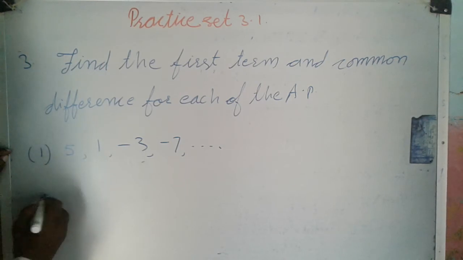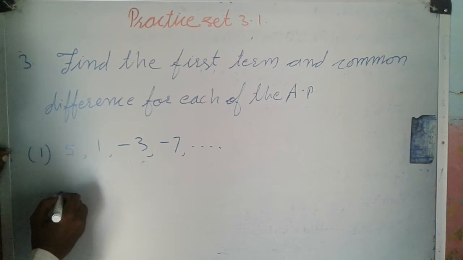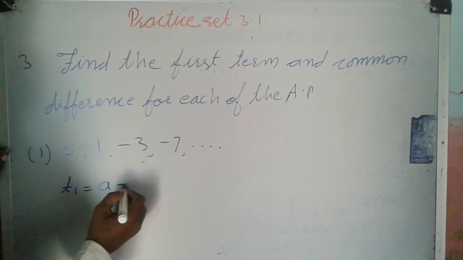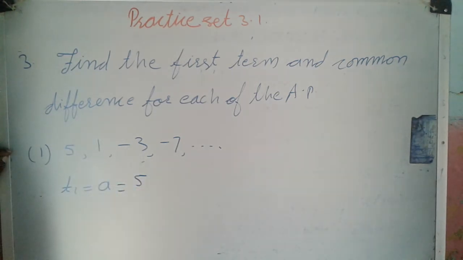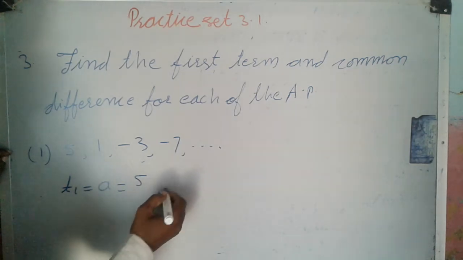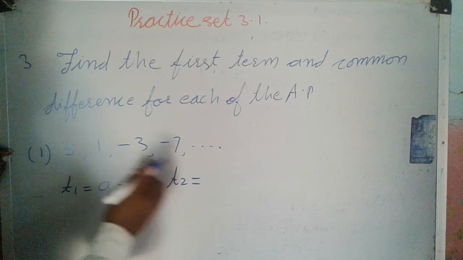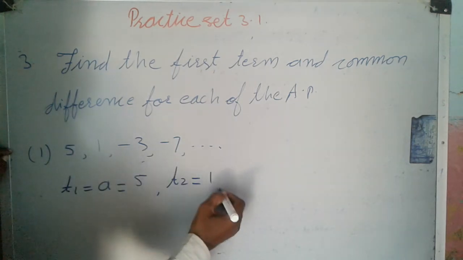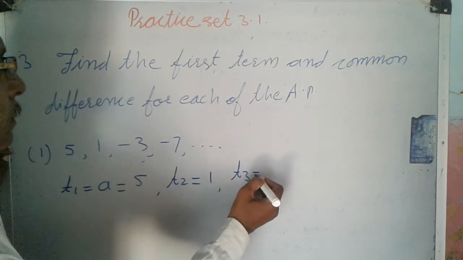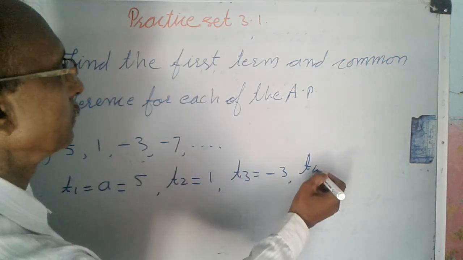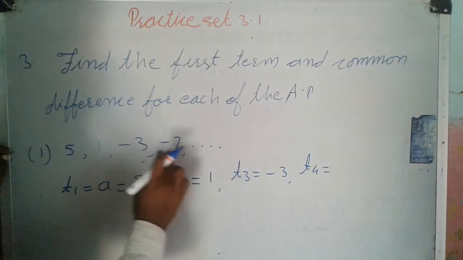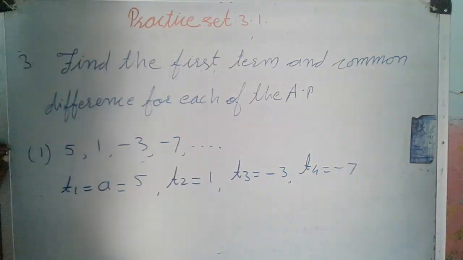That means here T1 is equal to a, the first term, 5. Okay. Now we will find the common difference here. So here T2 is equal to 1. T3 is equal to minus 3. T4 is equal to minus 7.